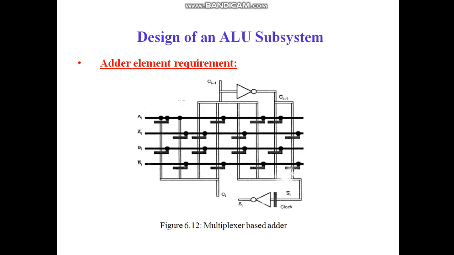Let us see how this is being drawn. Here there are 4 inputs, AK, AK bar, BK, BK bar. So here 4 metal layers are used. The first one represents AK, the second represents AK bar, the third represents BK, and the fourth represents BK bar.